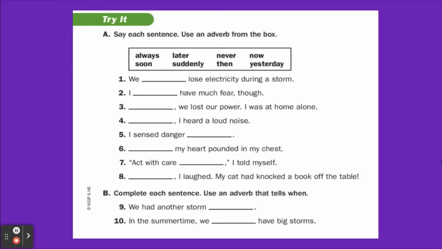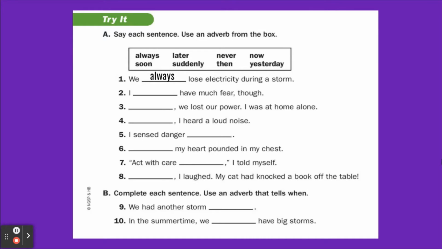Number one: We blank lose electricity during the storm. What do you think I should use? There are at least two that I can use, right? I said always. Let's read it together. We always lose electricity during a storm.